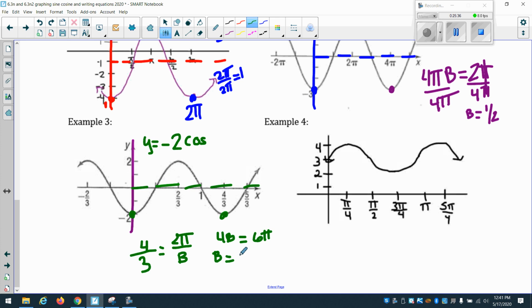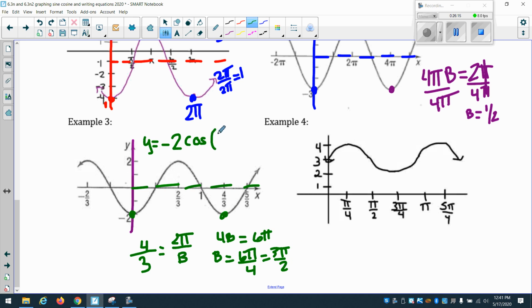We get 6 pi over 4, which reduces to 3 pi over 2. And again, we have not seen this where there's pi in the b value, but it is possible, especially if you have your x-axis coordinates as whole numbers or fractions for real numbers instead of using pi. So you could possibly see this.